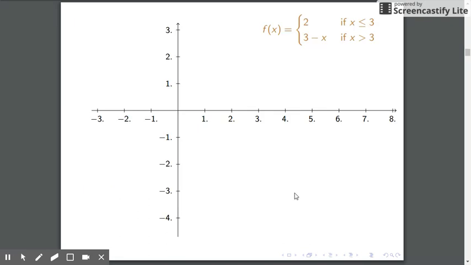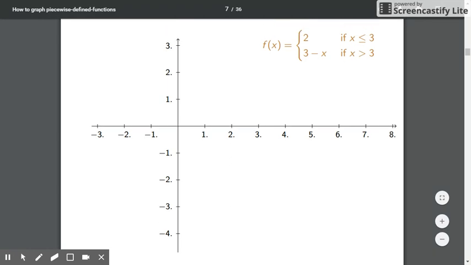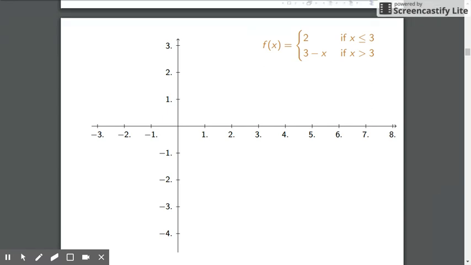Now let's graph it. When we're graphing it, we have to find a cutoff. The cutoff for the first piece is 3 and the cutoff for the second piece is 3, and therefore we have to draw a vertical line at x equal to 3 right here.